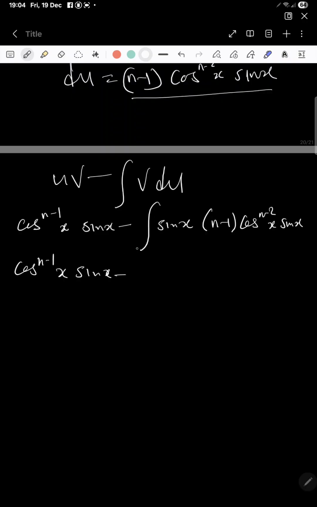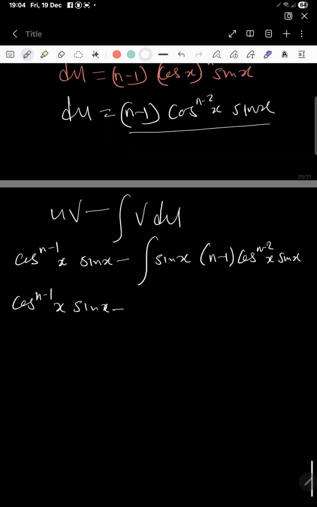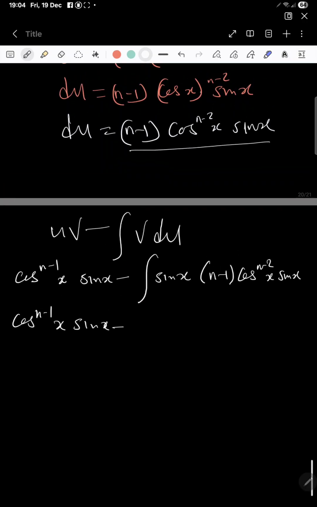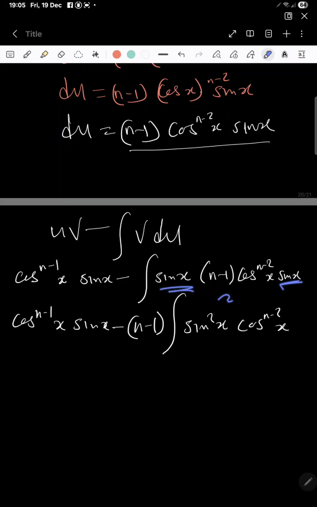It can come outside, so it is n minus 1 times the integral. When I multiply sine x and sine x, we get sine squared x, and then cos of n minus 2 of x. I've multiplied this and that to get this, and the n minus 1 is the one which has come outside.